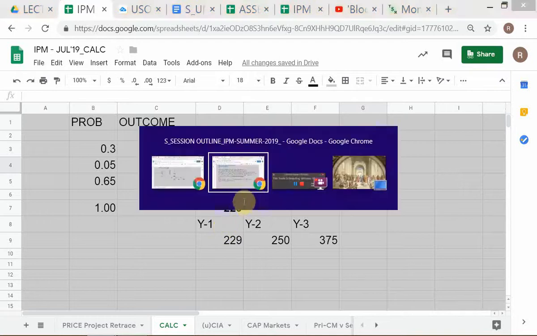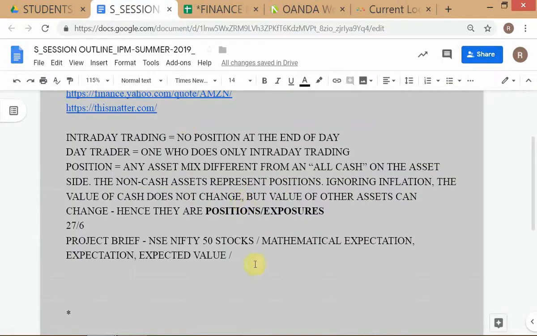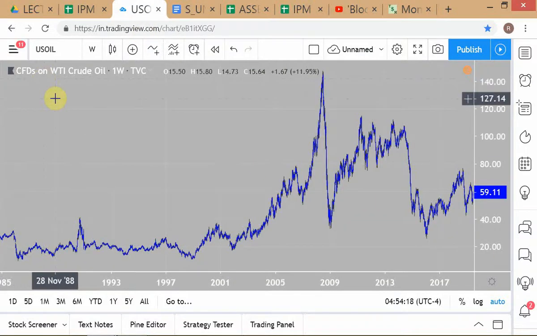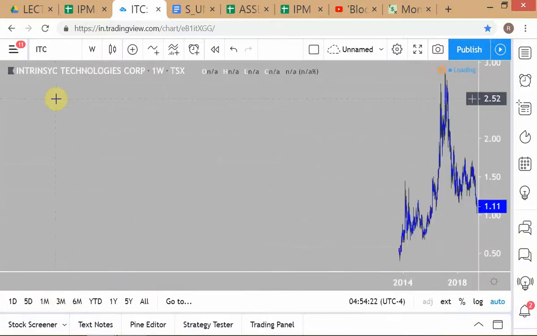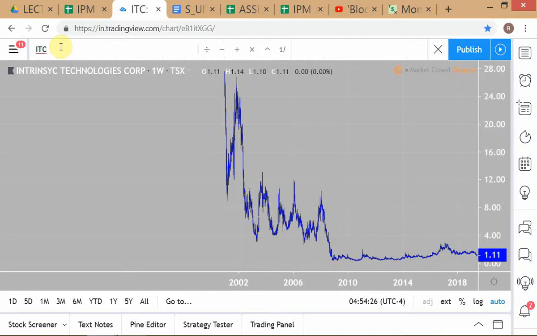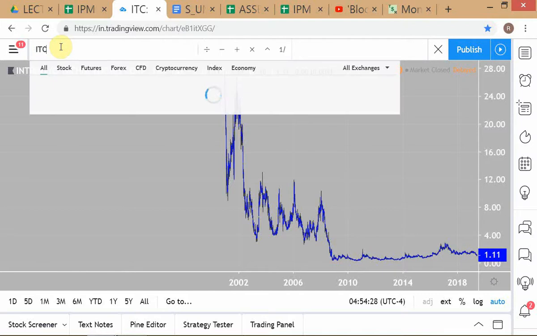Okay, so we were discussing, the reason we got into mathematical expectation is because I was trying to show you that if you are trying to go short ITC, one of the concerns you will have is... no, this is not that ITC that we are looking at.